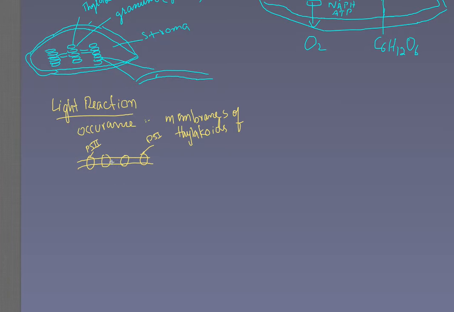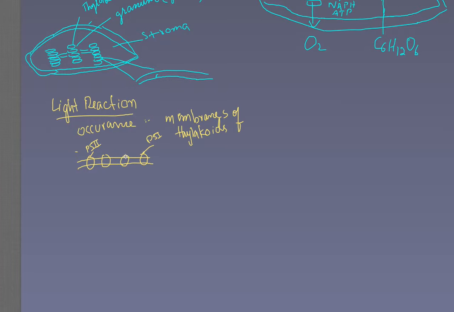The light reaction starts from PS2 and goes all the way to PS1. Why did they name them this way? Because PS1 was discovered first. Later on they found out the reaction starts from the other one, so they named it PS2.